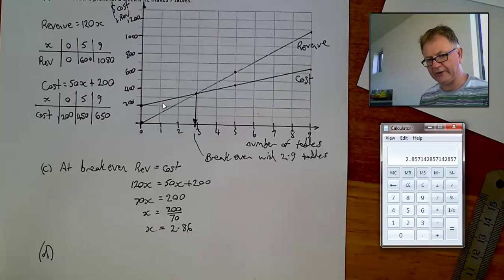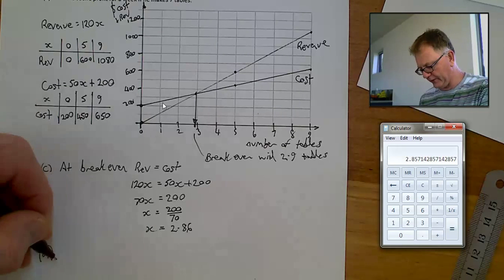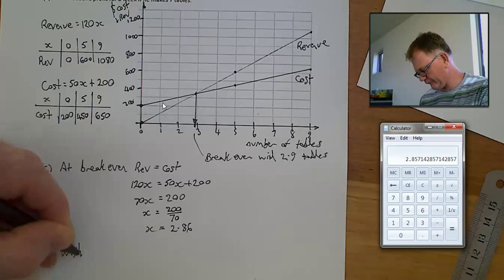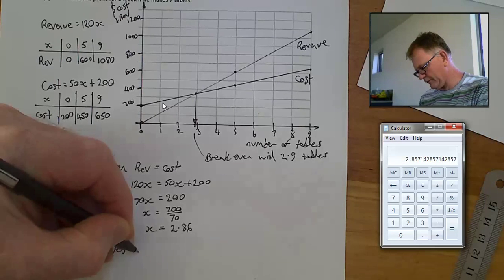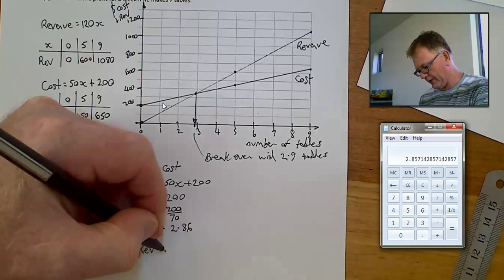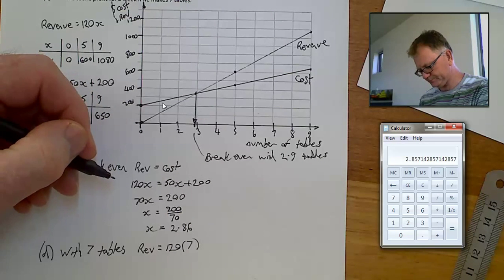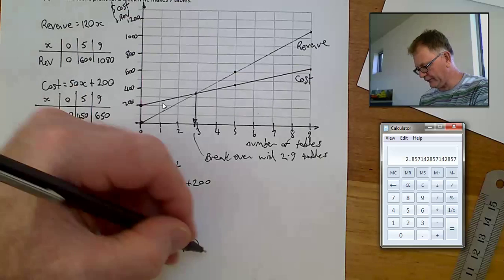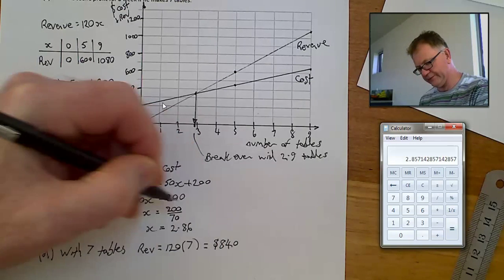But that's easily found because we've got an equation that can work out the cost and an equation that can work out the revenue. So with 7 tables, the revenue that he gets, the amount of money he gets from selling them, is equal to 120 times 7. And 120 times 7, I've worked out beforehand, equals $840.